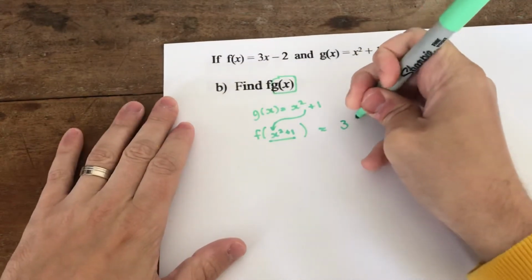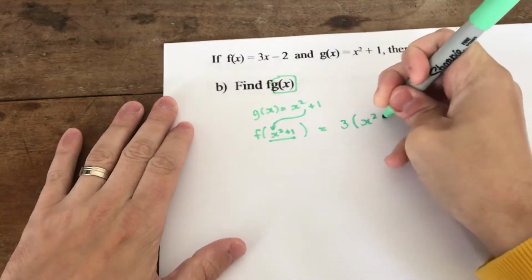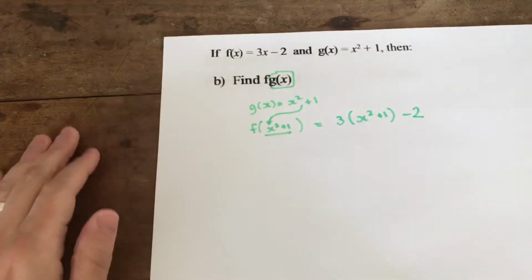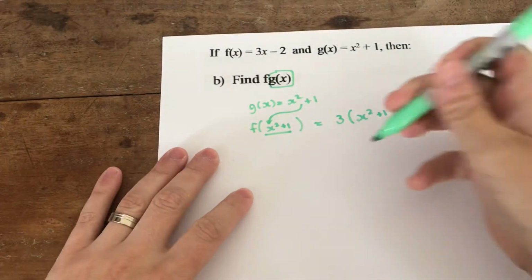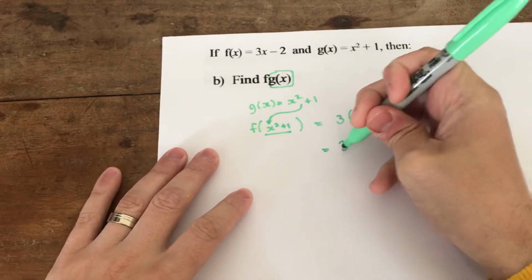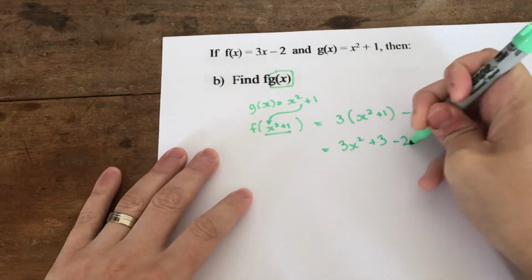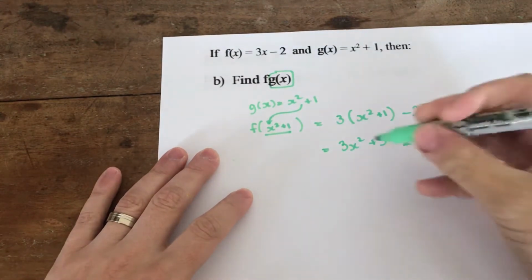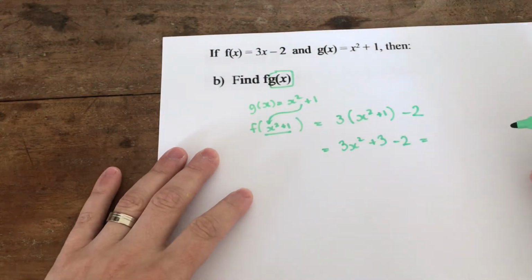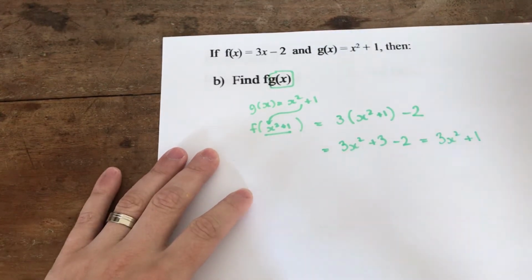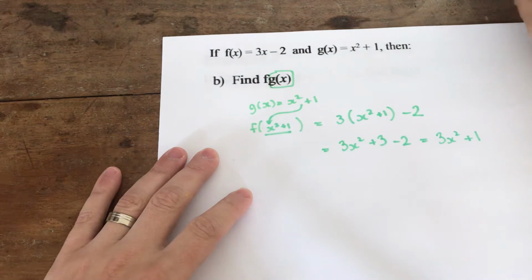So I'm going to write that as 3 brackets x squared plus 1 minus 2. I then expand these brackets, so that gives us 3x squared plus 3 minus 2. And then 3x squared plus 3 take away 2 gives us 3x squared plus 1. And that's my final answer for that.